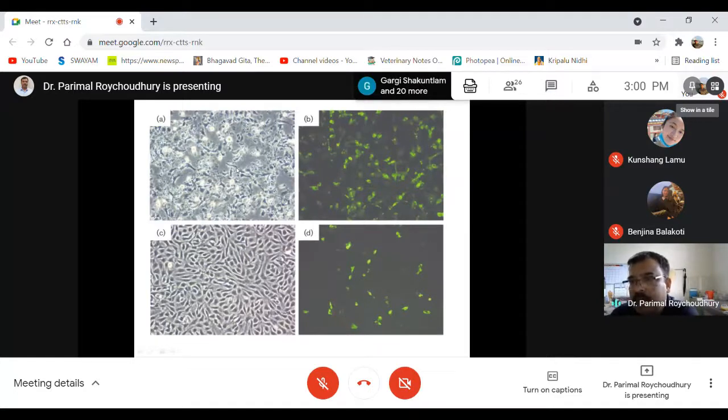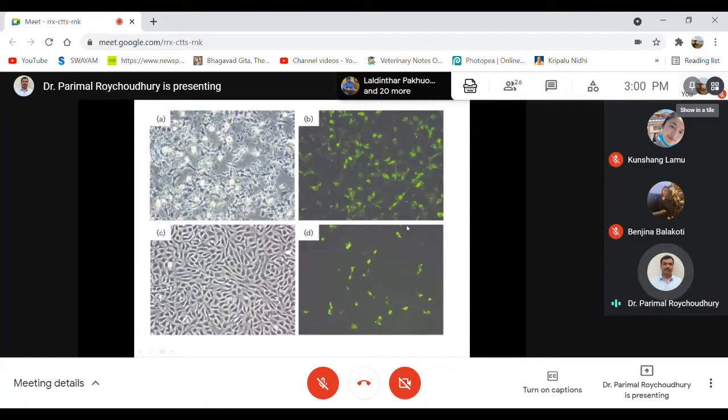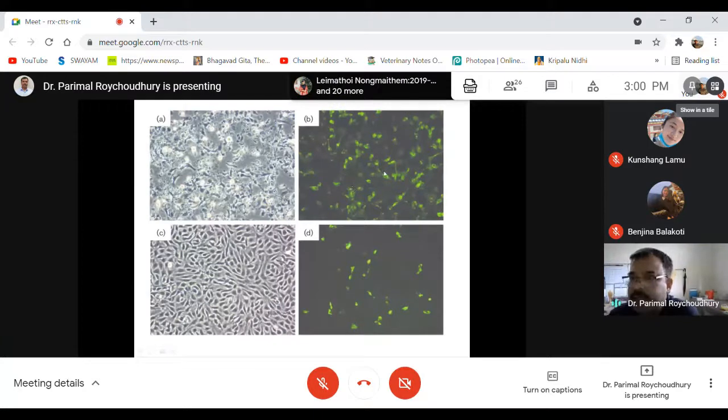On the other side, the green is the FAT test, the fluorescent antibody test, where fluorescein isothiocyanate-labelled antibodies are used to stain the monolayer cell culture infected with canine distemper virus.